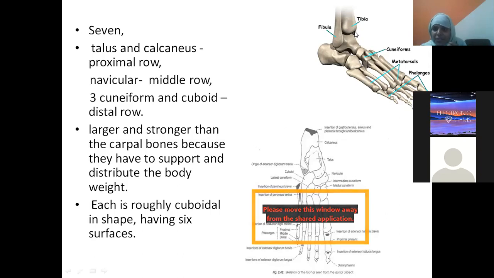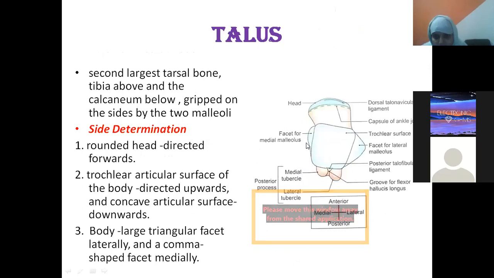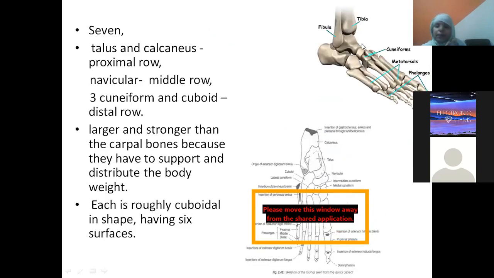The comma-shaped articular facet is occupied by the medial malleolus of the tibia. The larger lateral articular facet receives the lower end of the fibula, which has the lateral malleolus. So all these surfaces articulate together to form the ankle joint.